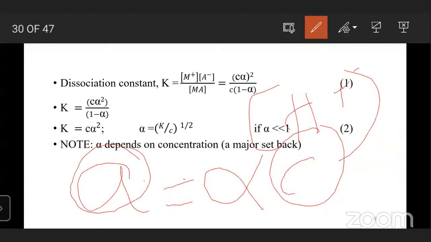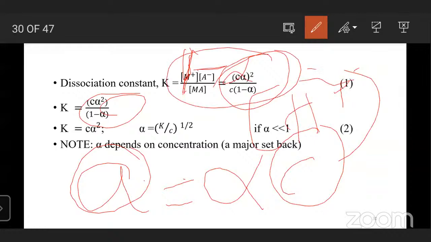So look at expressions like what we have here. There are some approximations we have put into this expression, and that is we have assumed that this degree of dissociation is very low for a weak electrolyte and it is far less than 1. So this 1 minus alpha has automatically turned to 1.